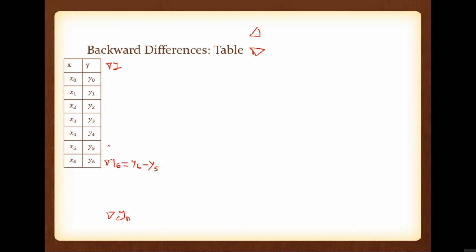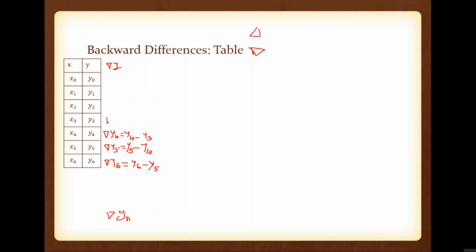Then we have to find del y5. Del y5 is equal to y5, the current data, minus the previous data y4. Similarly, del y4 is equal to y4 minus y3. Like that it will proceed.